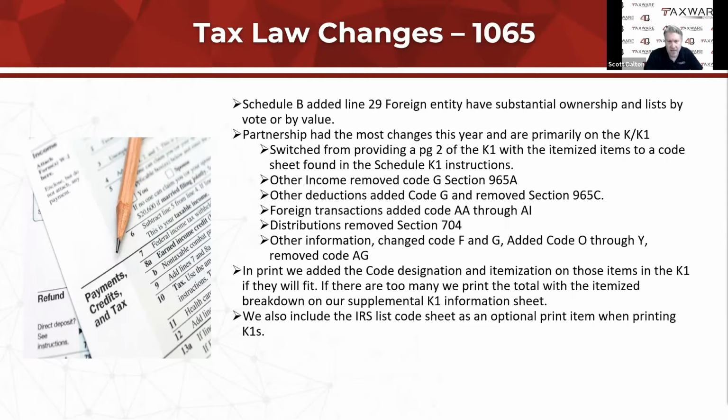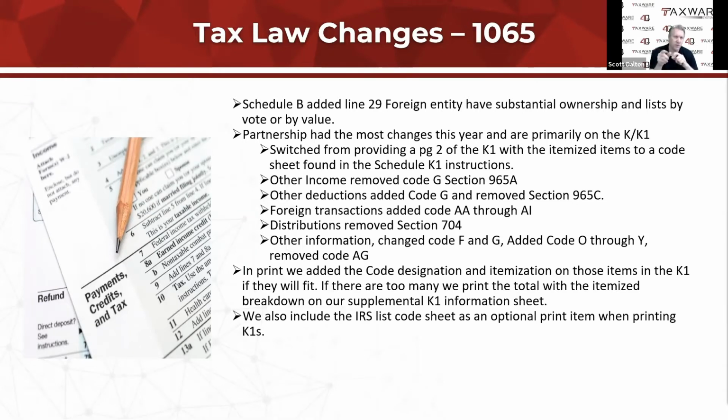1065 had the most changes. It added the same overall ownership for foreign entities as the 1120 at the bottom of the question section. The partnership, I'd really refer you to their instructions, but they basically removed and added the same section 965 items as we already talked about on the 1120, but they added a ton of codes to the other information section.